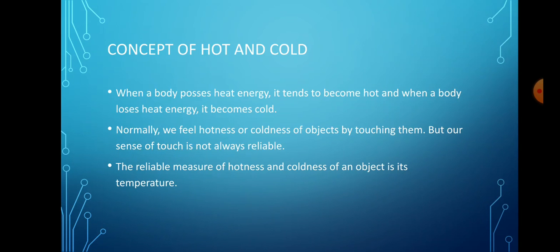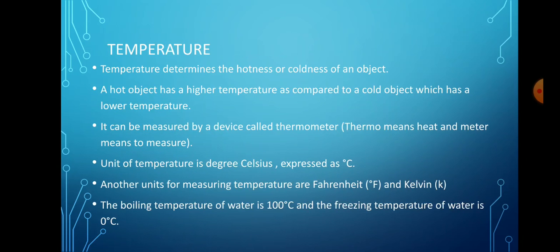Normally, we feel hotness or coldness of objects by touching them. But our sense of touch is not always reliable. The most reliable measure of hotness and coldness of an object is its temperature.